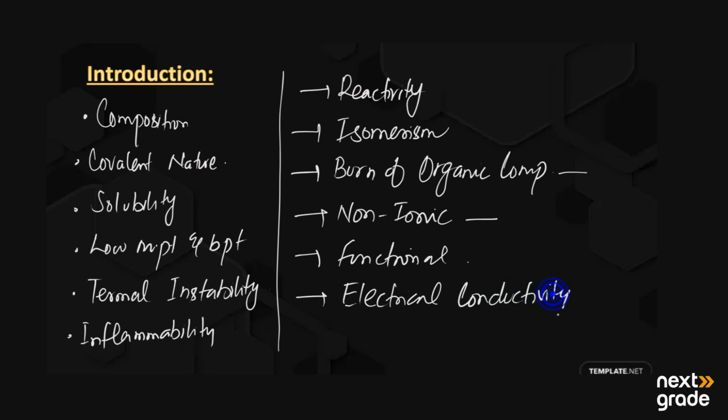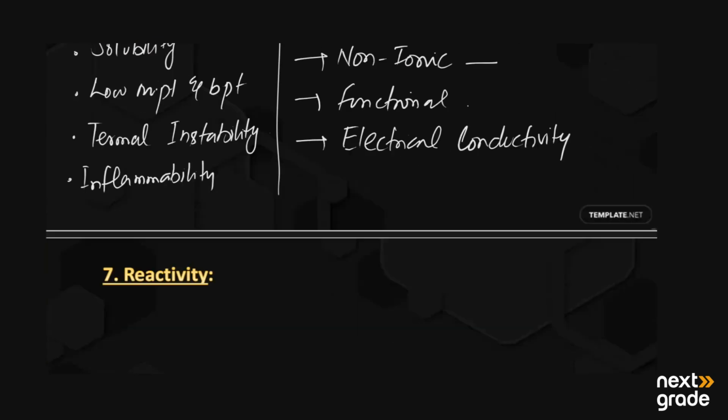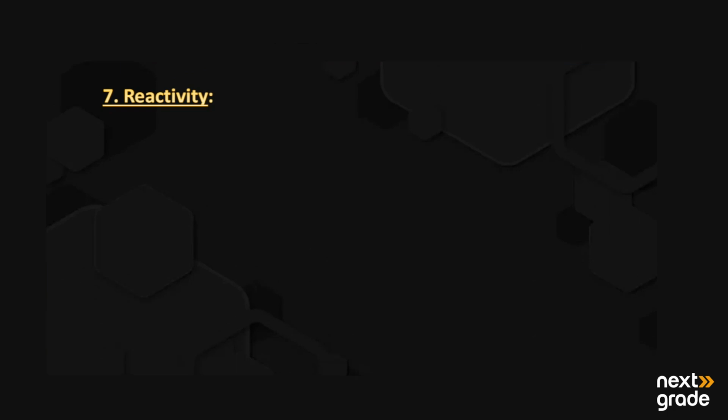So let's start from the reactivity of the organic compounds. If we are talking about the reactivity of the organic compounds, all the reactions that are involving the organic compounds are much slower. So the reactions of the organic compounds are mainly slower than the reactions that involve the inorganic substances. And what is the reason behind that? Because for their reactions there is the requirement of heat.